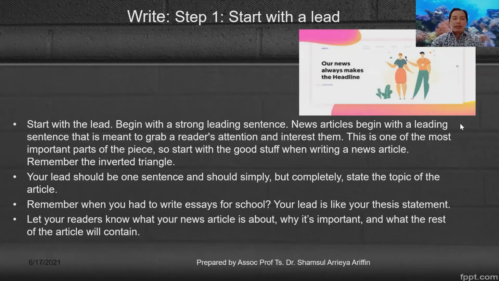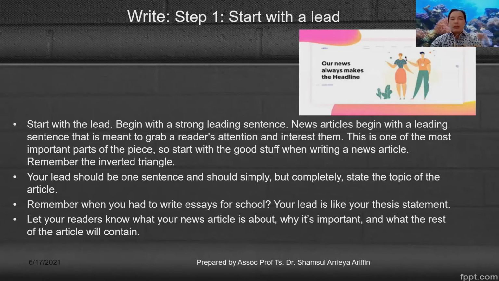Remember the inverted triangle. Your lead should be one sentence and should simply but completely state the topic of the article. Remember when you had to write an essay for school, your lead is like your thesis statement. Will your readers know what your news article is about, why it's important, and what the rest of the article will contain?